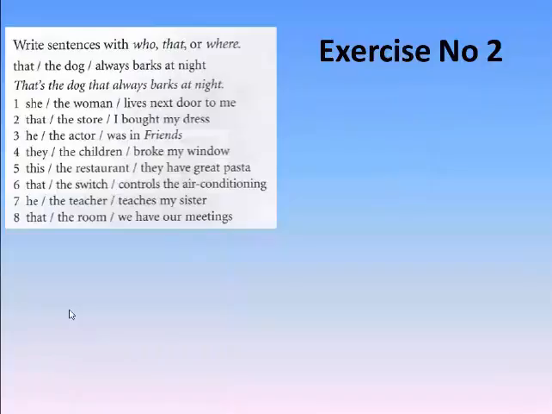This is exercise number 2. The instructions say, write sentences with who, that, or where. So you need to do 2 things. Number 1 is choose, according to the elements here, if you need who, that, or where. And then you need to add the verb to create a sentence.